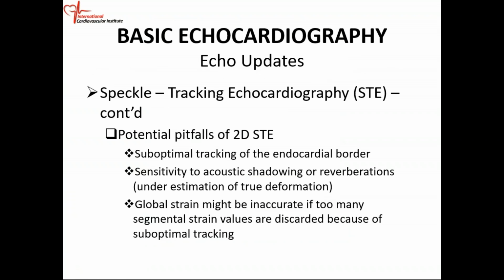So there are some potential pitfalls of your speckle tracking echo, even though we say it's the best thing since sliced bread. There are problems with 2D speckle tracking echo. What you really want is your 3D speckle tracking echo. But anyway, 2D speckle tracking echo. If you have a suboptimal study, then you're gonna get suboptimal tracking of the endocardial border. So you need to get a good study.